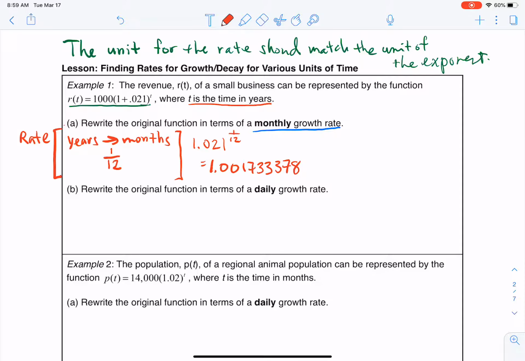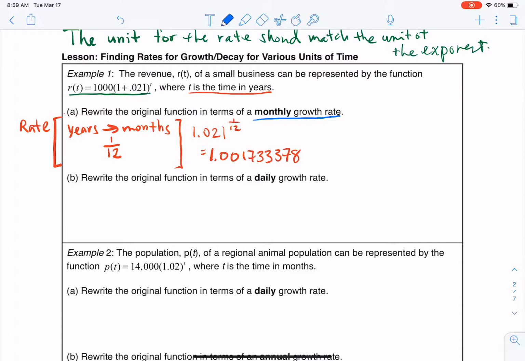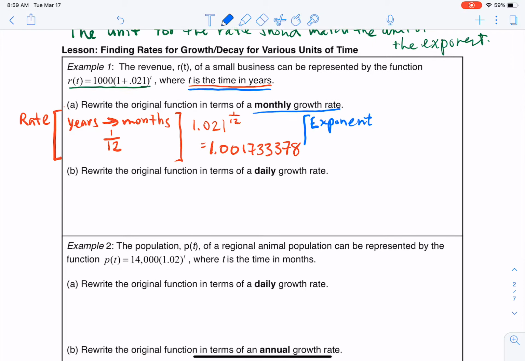The other piece of the equation is the exponent. The t represented the time in years. So we're going from a t that represented years, and we want to change that into an exponent that's going to represent the number of months.